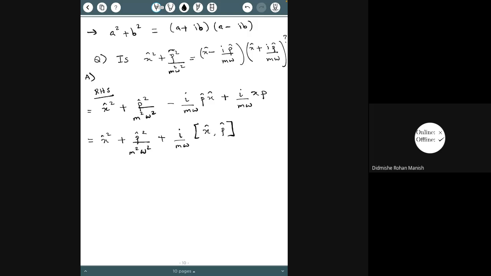What is xp commutator? It is equal to i h cross. This is minus h cross by.